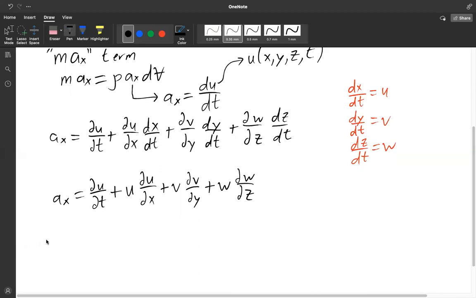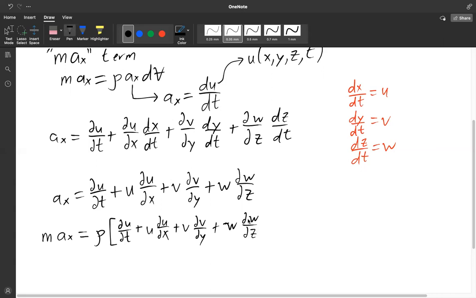So in total, our mass times acceleration equals rho times partial u partial t plus u partial u partial x plus v partial u partial y plus w partial u partial z, times dv.